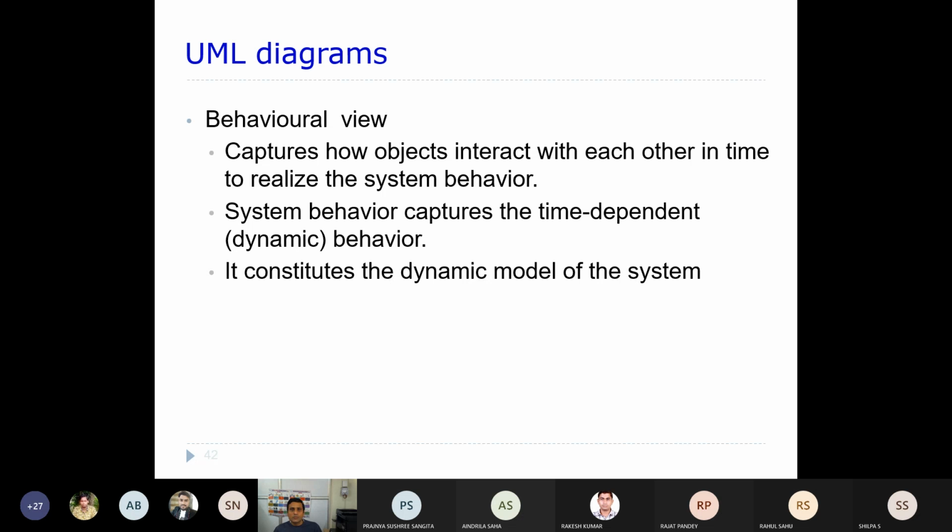You have 10 different objects, and these 10 different objects will be talking in different order, so as to accomplish a particular task. If you wanted to capture in which order objects are talking to each other and what messages are being exchanged, everything will be captured here. That is what we say behavioral view.